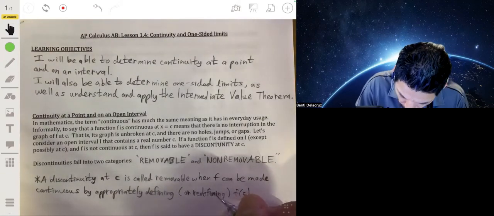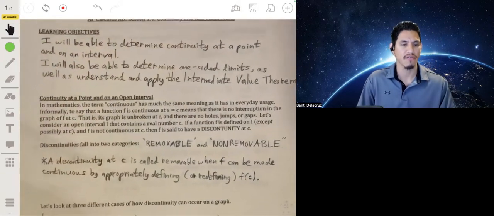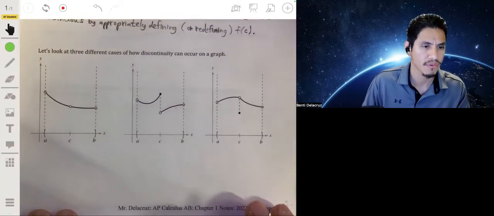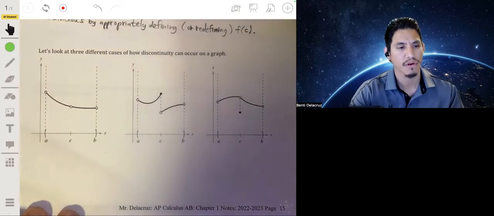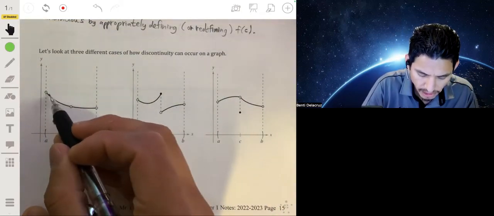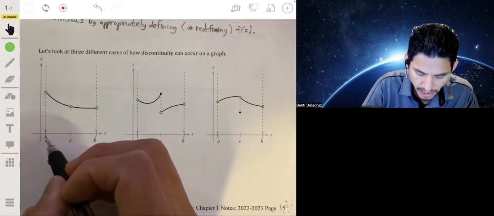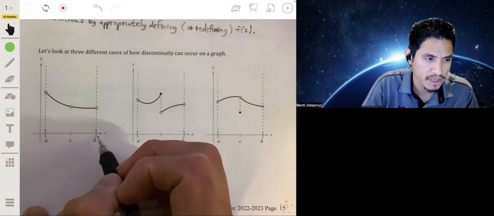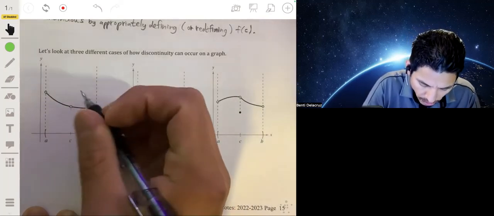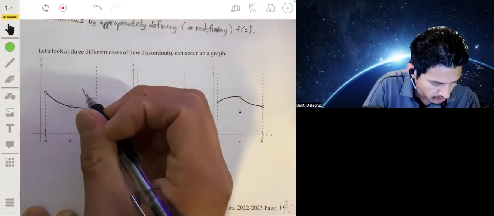Okay, so let's look at a couple of different examples of how discontinuity can occur on a graph. So here we have three different graphs, broken up in different ways. And here we have holes. We have a hole here, here, and here on the interval a, b with c in the middle. Now, there's a discontinuity at c.